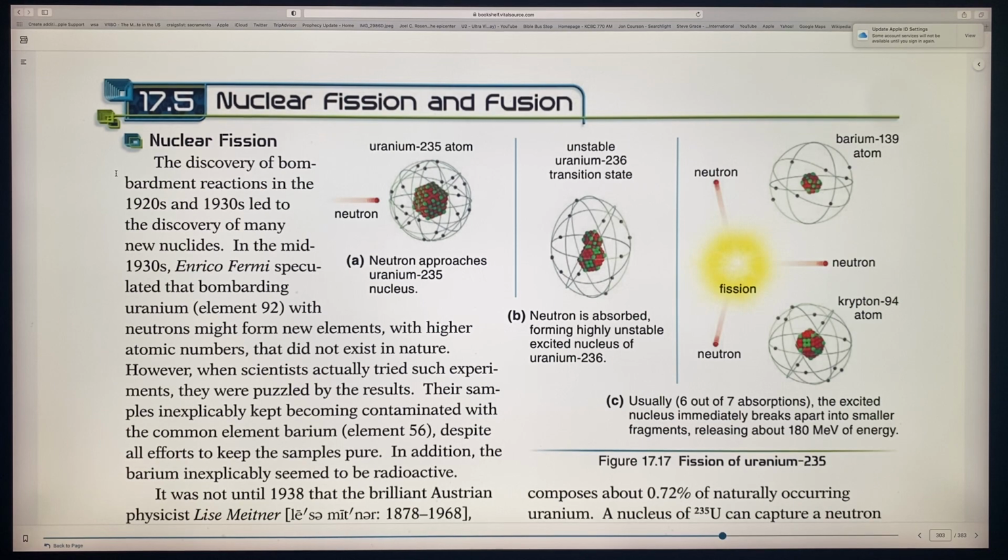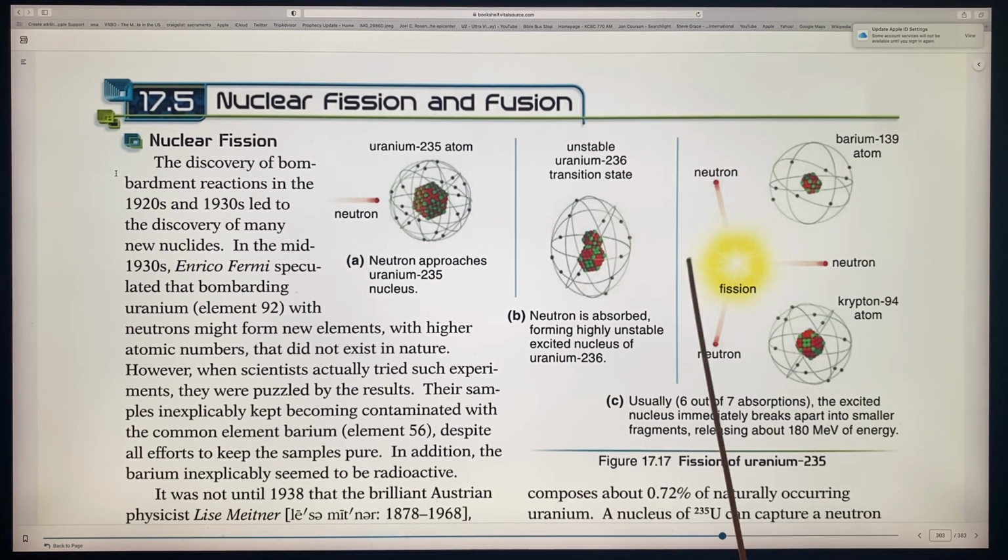It's ready to split apart. Usually, out of 6 or 7 absorptions, the excited nucleus immediately breaks apart into smaller fragments, releasing about 180 mega electron volts of energy. So you can see how much energy.